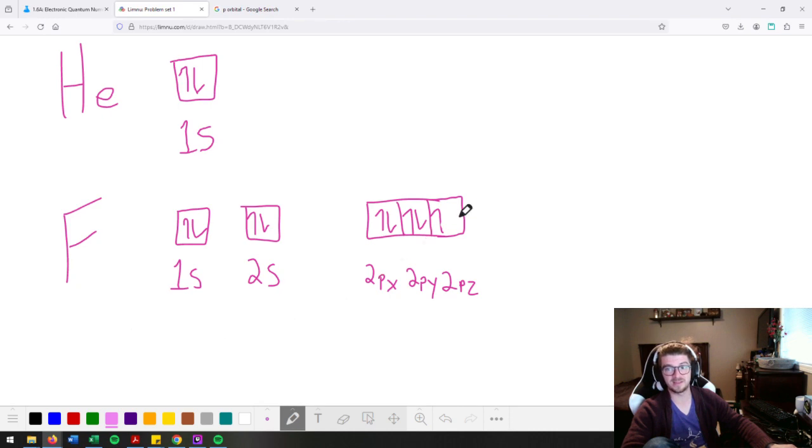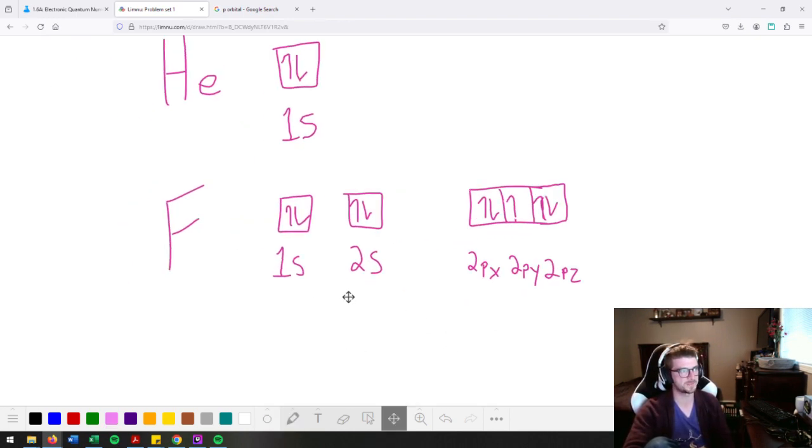And that's kind of the ground state electron configuration for fluorine. And just note that I could just as easily have taken one of the electrons out of the 2py orbital and left the 2pz orbital full, because all of these p orbitals have exactly the same energy. So there's no preference in terms of energy as to which of these get filled by the electrons, or the order that you fill them in.